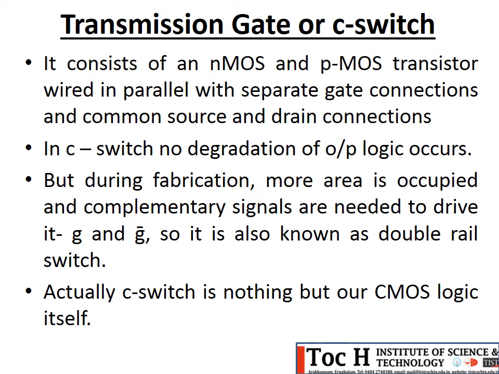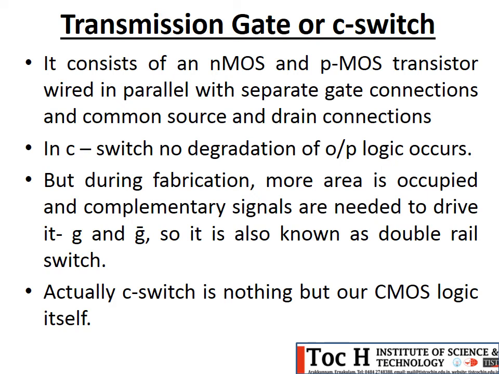That disadvantage is rectified in the transmission gate logic, where there is no degradation of output logic. But during fabrication, as a transmission gate is made of two transistors, an N and a P switch, more area is occupied, and two complementary signals, VG and complement VG, are needed to drive it. So it is also called a double rail switch.